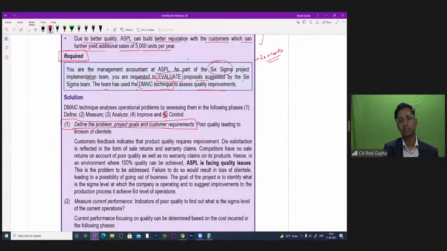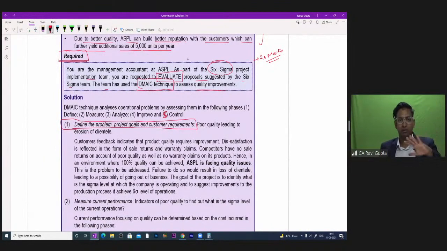But if we look at the control portion, there is no such content that will fetch us 4 marks. So we can restrict control to 2 marks, and generally we have to plan accordingly, because there is information available.